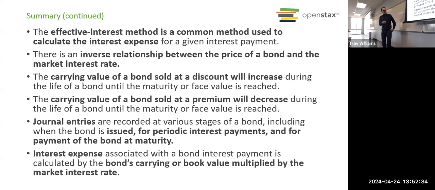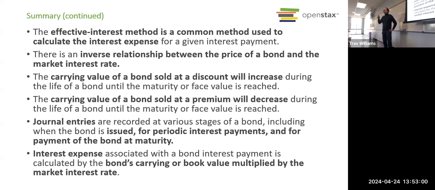And to figure out the interest expense that actually is associated with the bond, if there's a difference between the market rate and the stated rate, and we're using the effective interest method, then that's where it gets tricky, right?